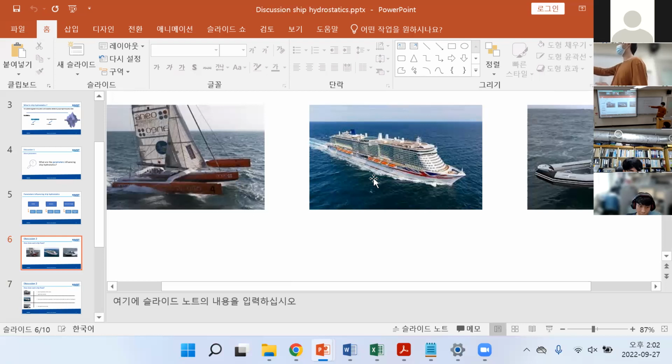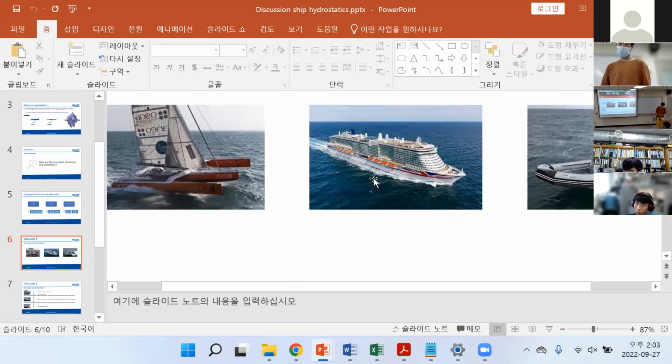There is a big volume, but compared to mass, it's good enough to make it float. And the third one is very lightweight, and there is air.